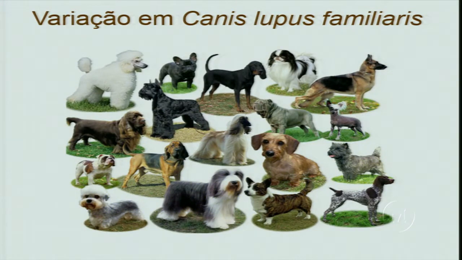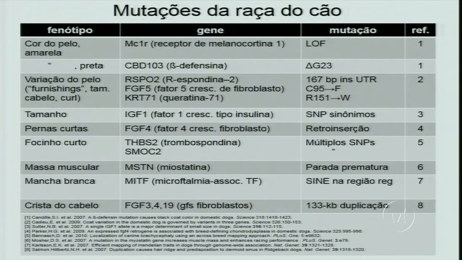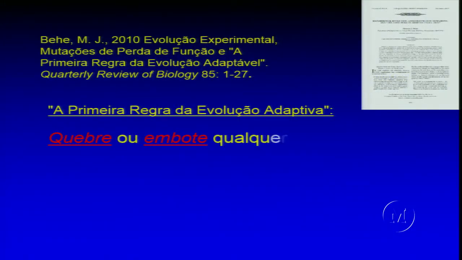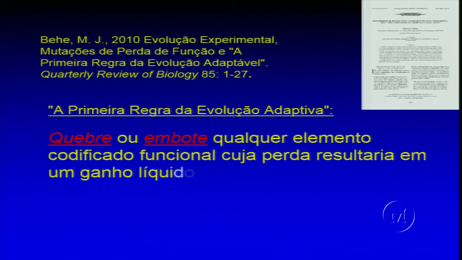Different dog breeds. In this era, the sequences of the genomes of different dog breeds can be elucidated. And I won't go through them, but most of the gene changes destroy the gene. So I wrote a review paper in 2010 where I reviewed work on bacteria in laboratory evolution experiments.